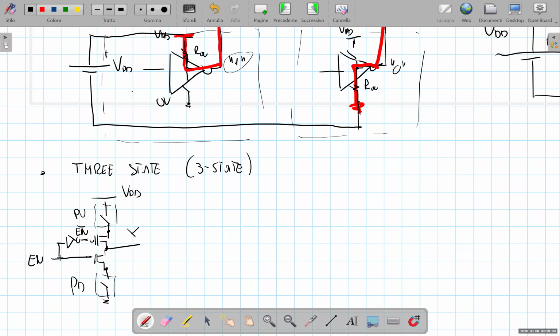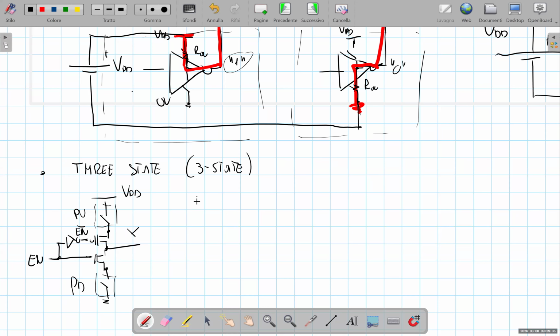Okay? So in this case, when the enable signal is high, the NMOS transistor that connects the pull-down network to the output is on, and the PMOS transistor which connects the pull-up network to the output, which is driven by whose gate signal is not enabled, is also on.